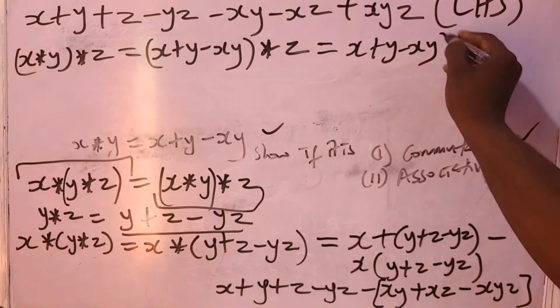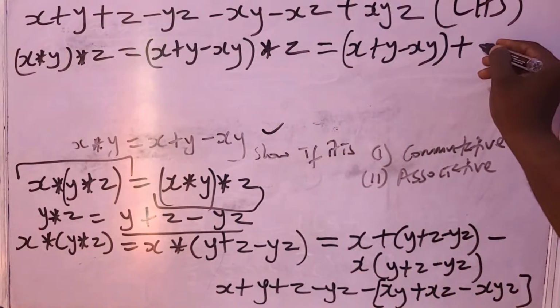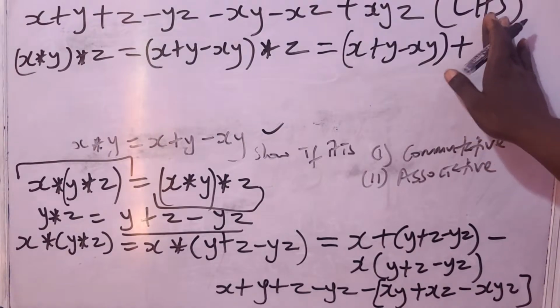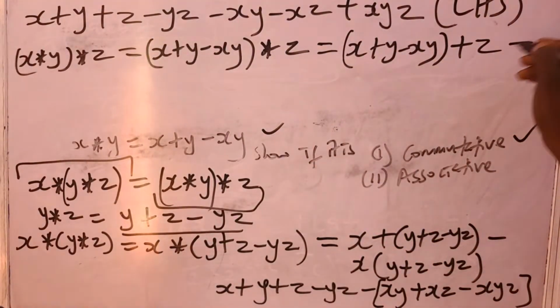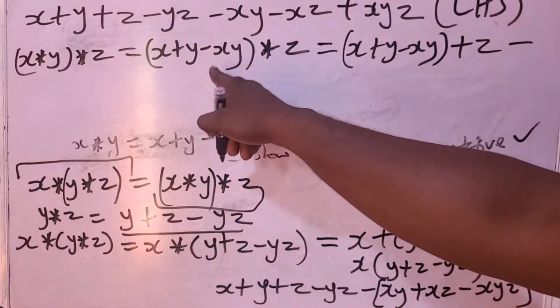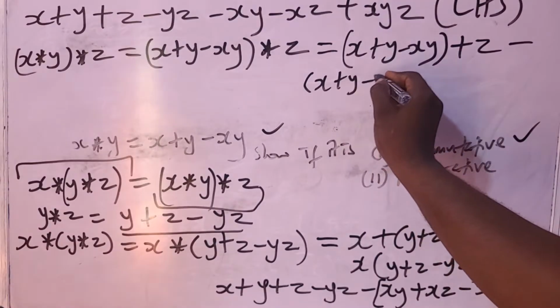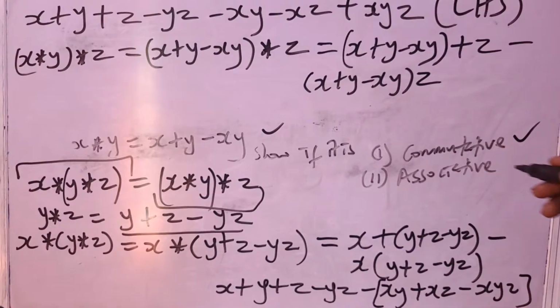First, I put it in a bracket because it's a compound expression, plus z, sorry, because our second is z, plus z, then minus first times second, that will be x plus y minus xy times z. So this is what we want to solve.